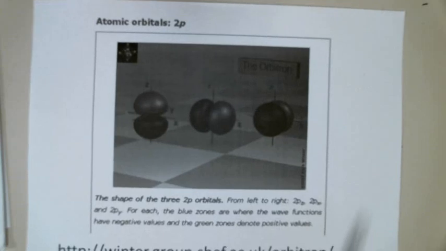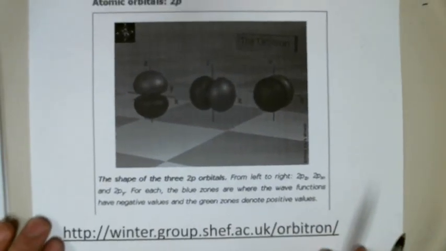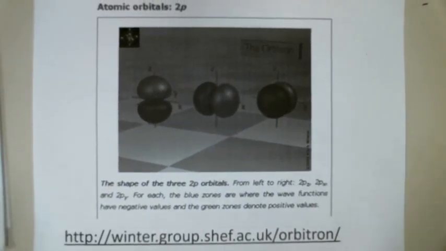Now what we need to do is take these orbitals from quantum calculations, using the handout, the quantum numbers and everything like that, and just be familiar with them. What do they look like?